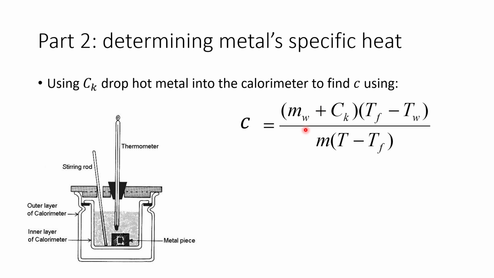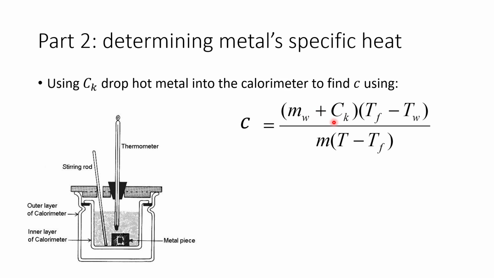I'm sorry, I'll put it back in. Again, please refer to the equation on the first page. Once you know CK, you put a CW in here. CW is literally 1 calorie per gram per Celsius, so that was a typo. Sorry, but there's a small CW here.